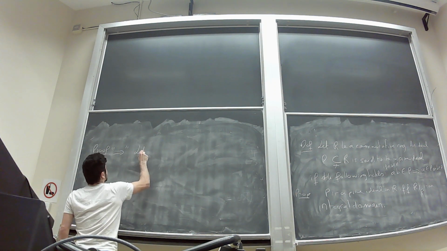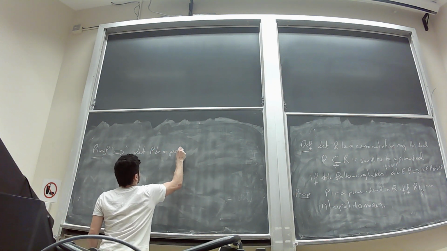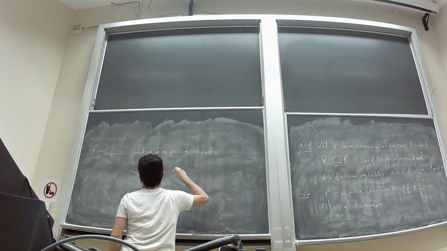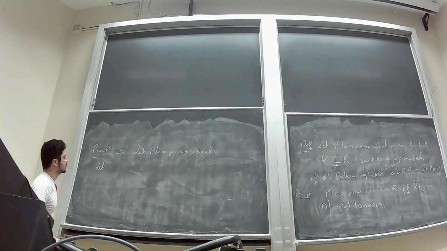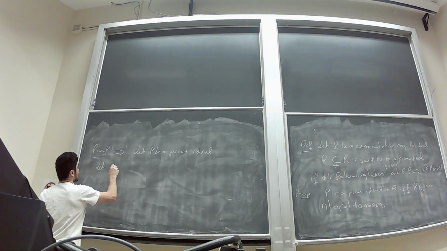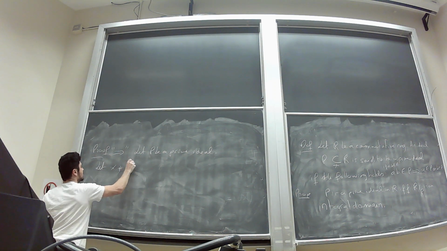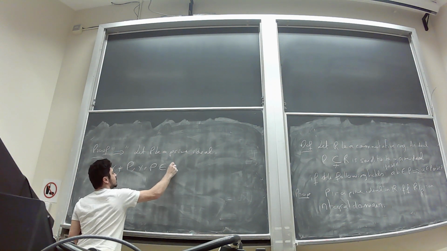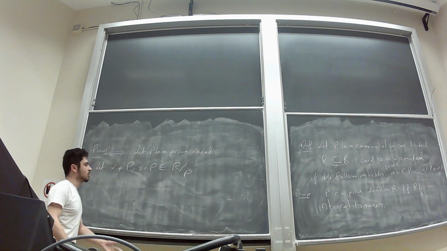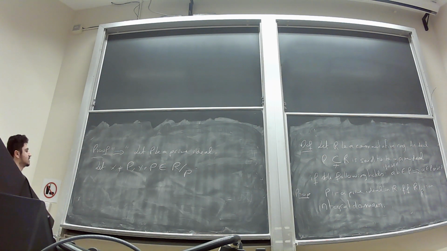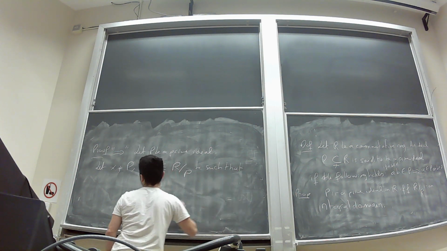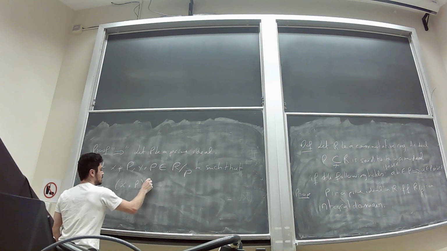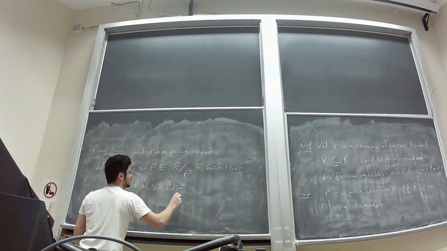So let P be a prime ideal. We'll show that R mod P is an integral domain. Let x plus P and y plus P belong to R mod P be such that x plus P times y plus P is equal to the zero element.